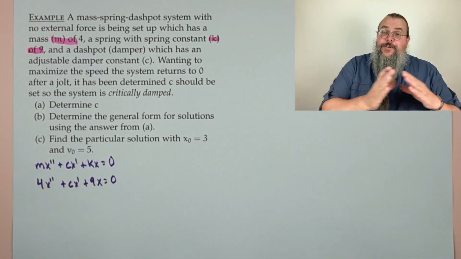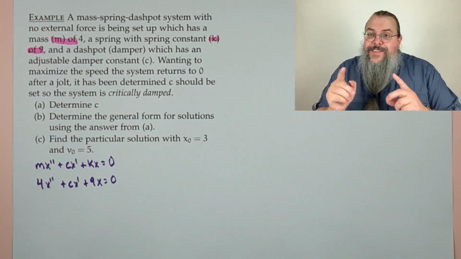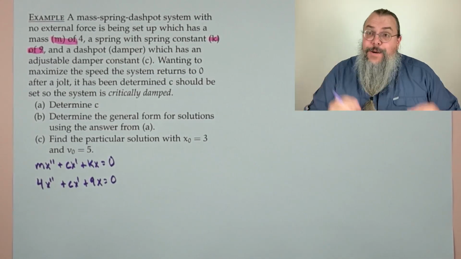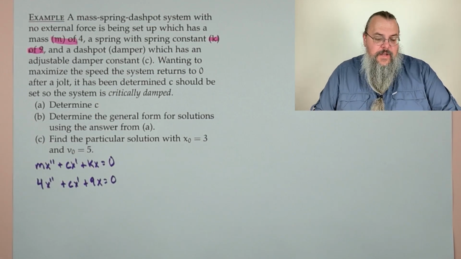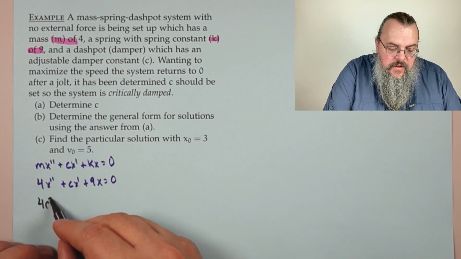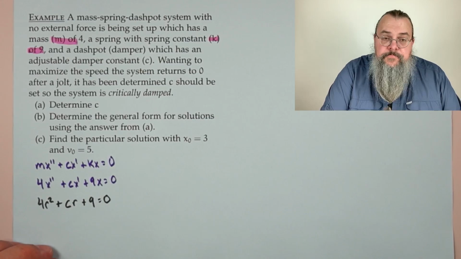All right, translate this into a differential equation. It's already a differential equation. Translate this into a polynomial. And what polynomial do we get? Well, it's the polynomial 4r squared plus c times r plus 9 equals 0.